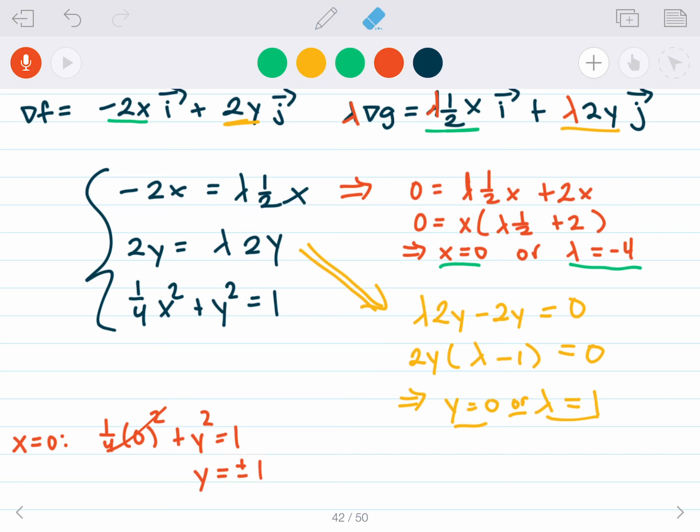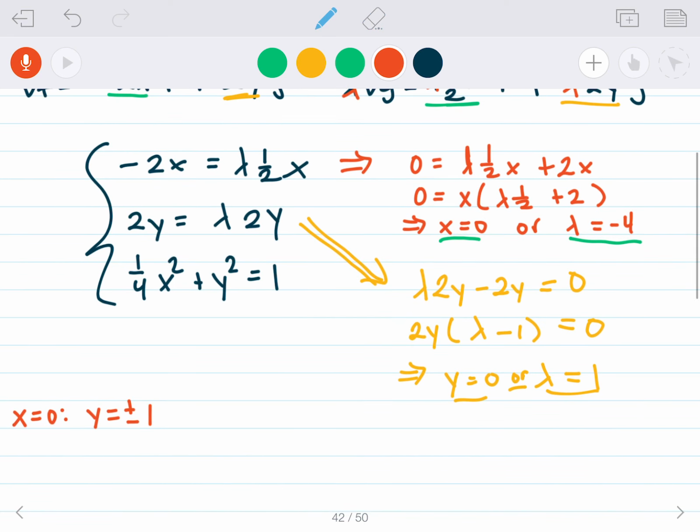So when x is 0, y is plus or minus 1. And we can list these as critical points: we have 0, 1, and then some z, which we're going to find later. And then we have 0, -1, and some z that we'll find later. That's going to be a potential max or min. All right, so that was the case when x was 0.